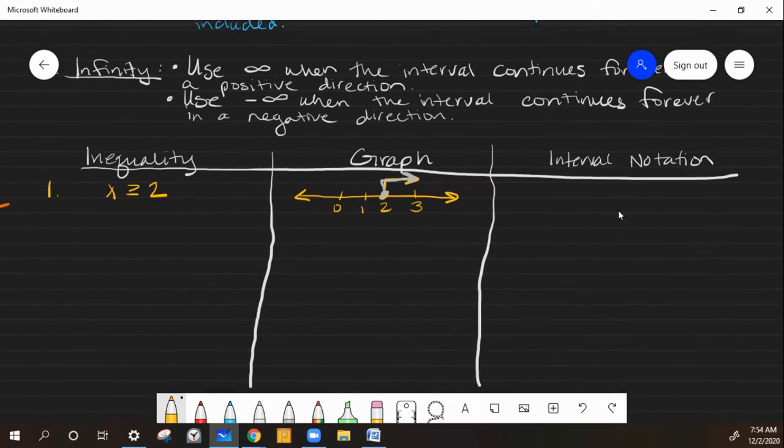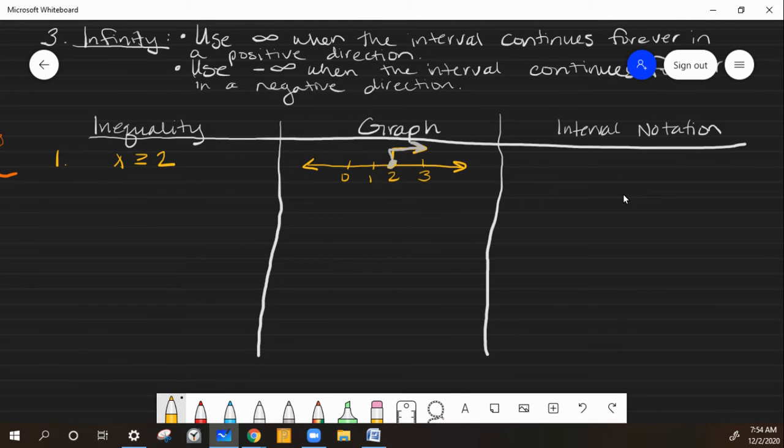My solutions begin at 2. So watch very closely: I'm going to have a bracket beginning my solutions, write the number 2, and put a comma. This represents that my solutions start at and actually equal 2. Then I'm going to put something else here, and that represents what happens to my solutions as they go on forever.